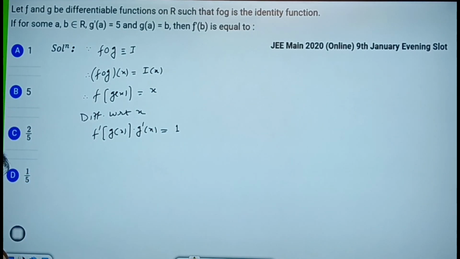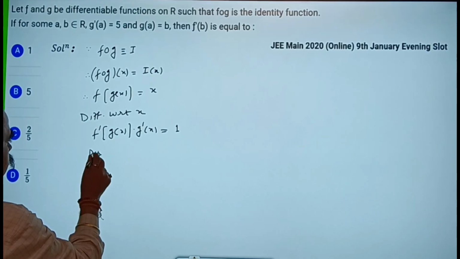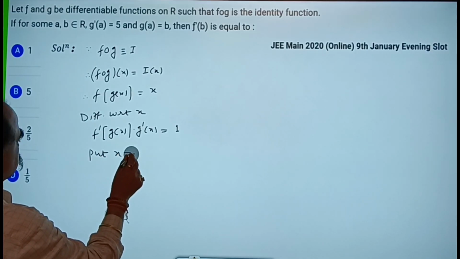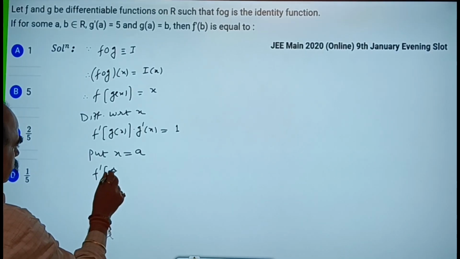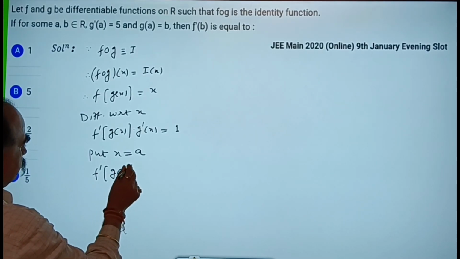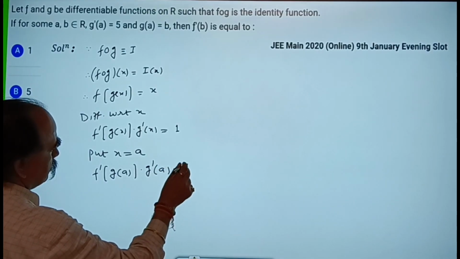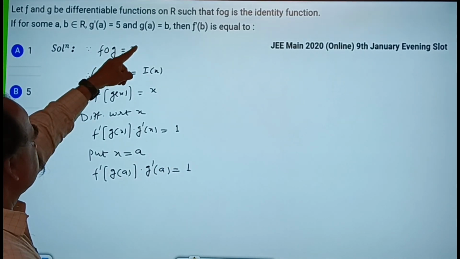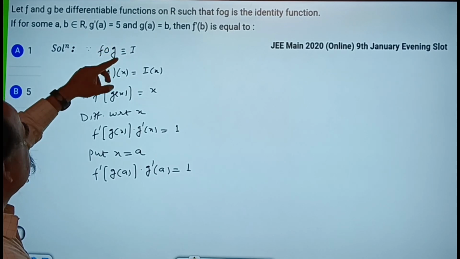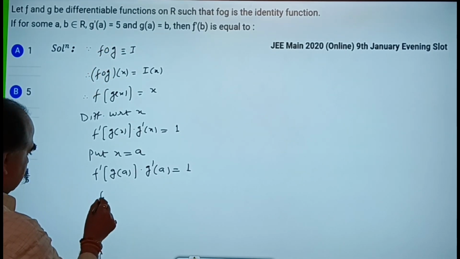Now, put x as a. F dash g(a) into g dash a is 1. g(a) is b, so f dash b, and g dash a is 5.